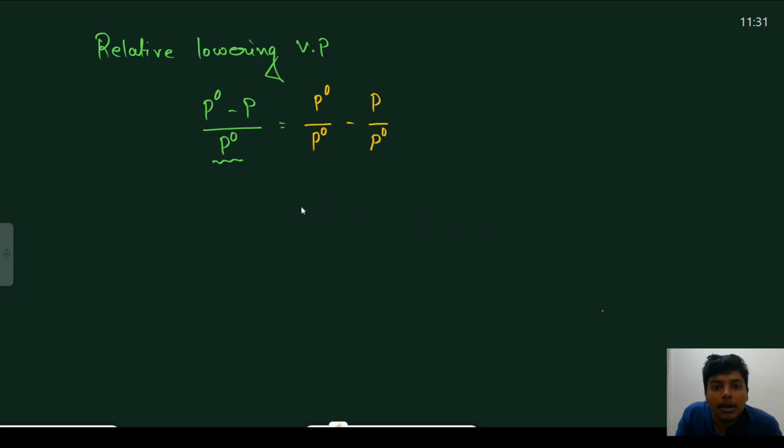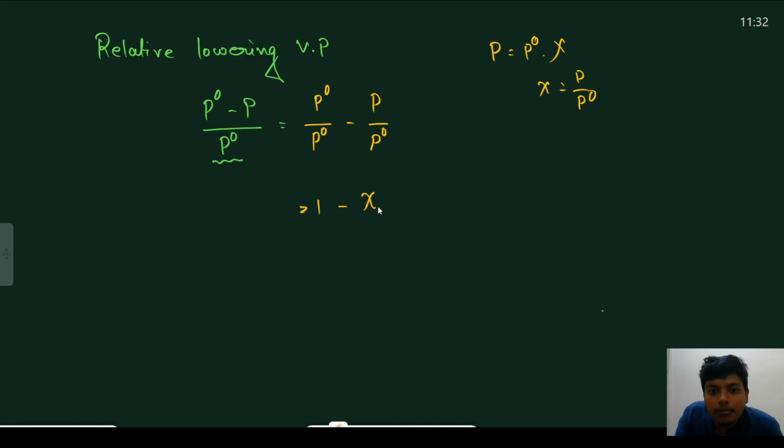P naught by P naught equals 1 minus P by P naught. Who can say what is the value of P by P naught? Mole fraction of solvent. Very good. So P is equal to P naught into mole fraction of solvent, so mole fraction is equal to P by P naught.